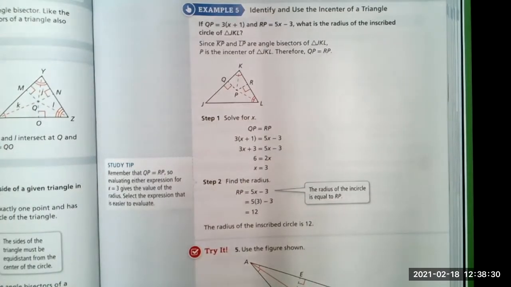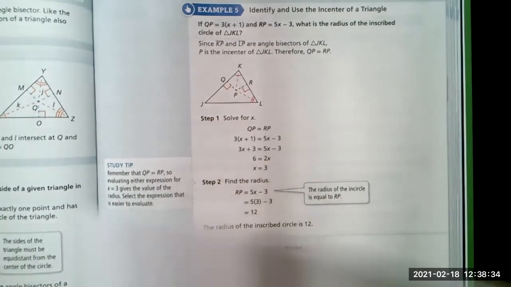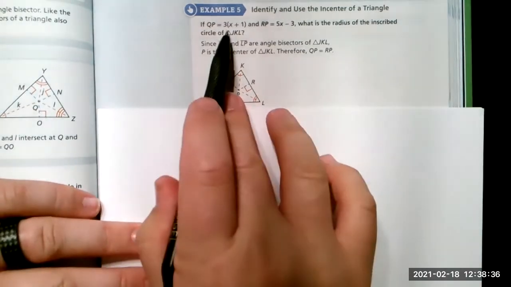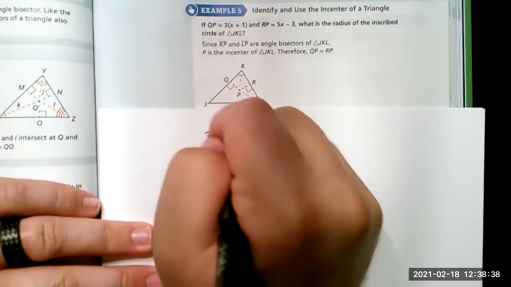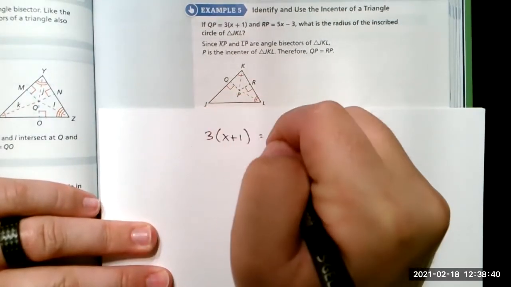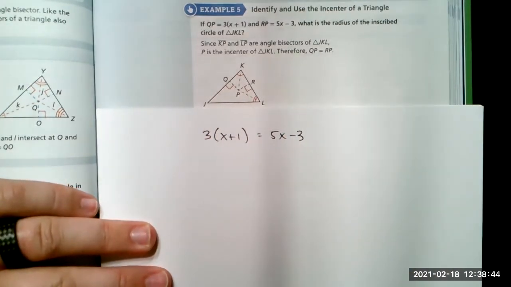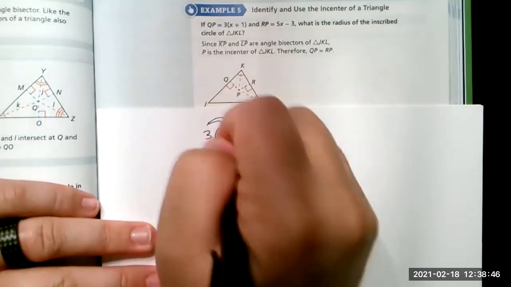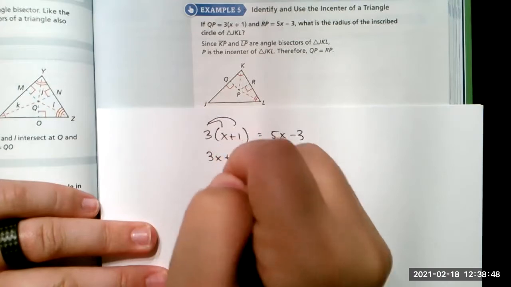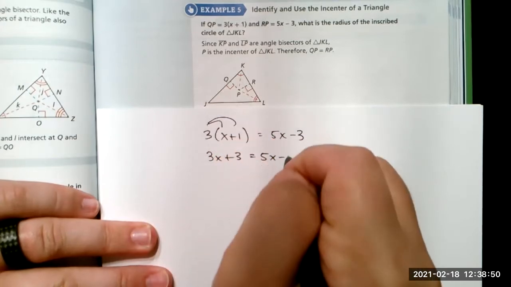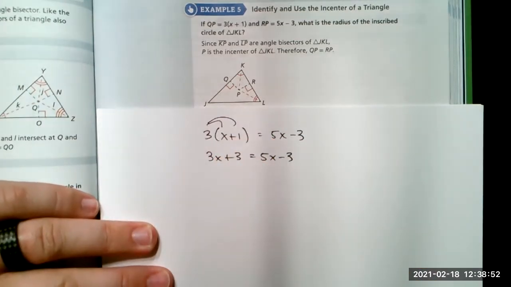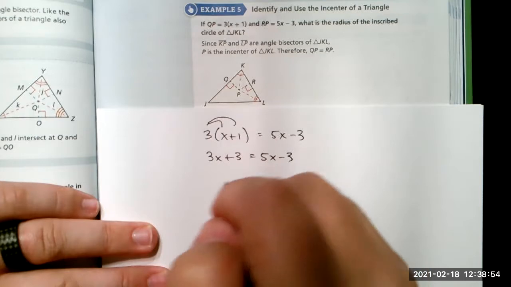So all I'm going to do is set those things equal to each other. So 3 times x plus 1 equals 5x minus 3. I'll do some algebra, distribute that 3. So I'll have 3x plus 3 equals 5x minus 3, and then just solve for x.